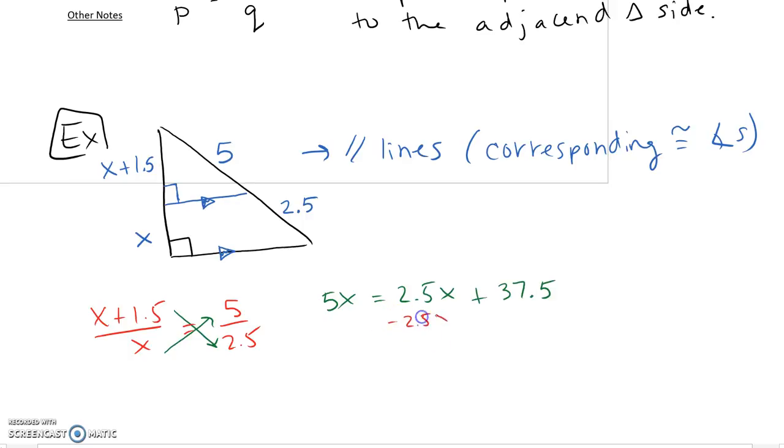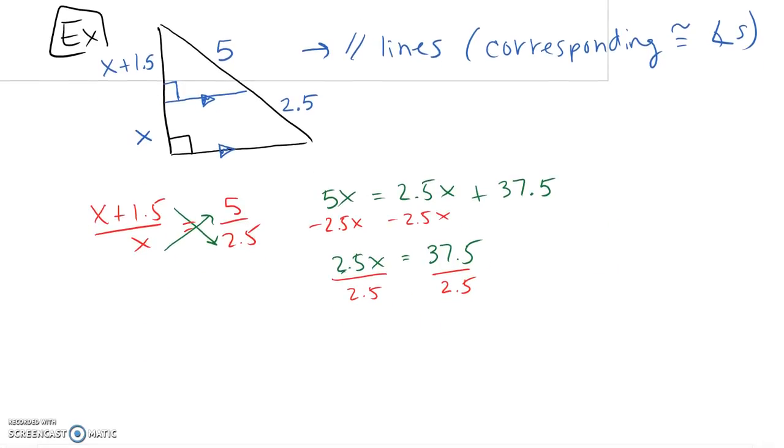Subtract 2.5x from both sides. That gives me 2.5x is left, and a positive 37.5. How many 2.5s fit in 37.5? I really should have grabbed a calculator. Let's see, there's 4 for every 10, so that's 12 plus an extra 3, so 15 equals x.